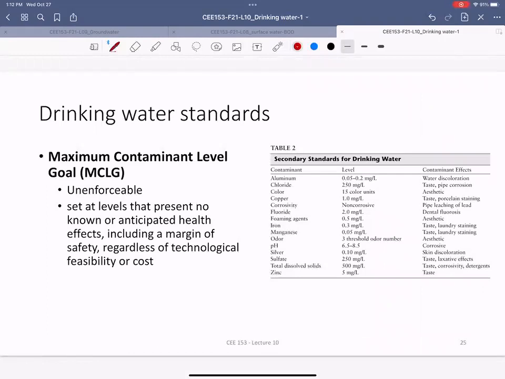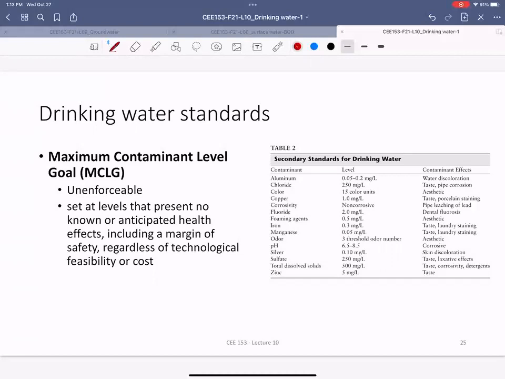Another term you come across is called maximum contaminant level goal. This is the maximum amount that you should have, but you can't really force it because that fluctuates a lot. Just because you have something now doesn't mean it's going to stay the same.